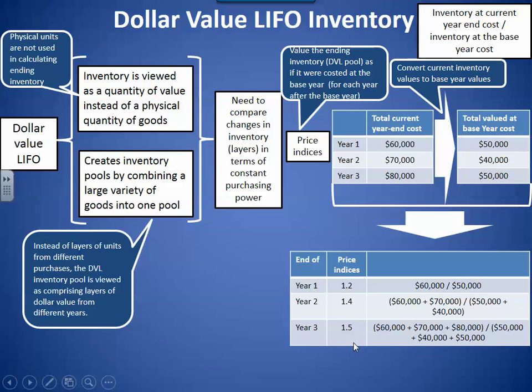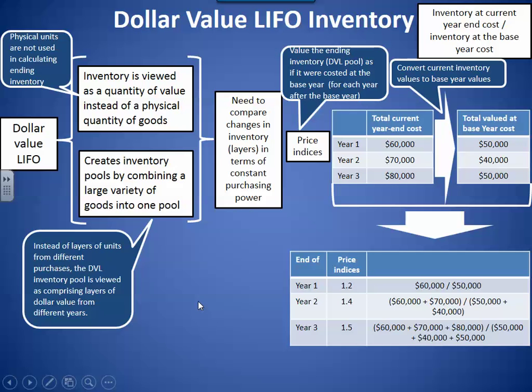Obviously, our base year, which we would probably call year 0 in this case, the price index would be 1.0. So now let's take a look at the process and how we actually go about converting the inventory. The reason I want to present this separately is sometimes you're going to get exam questions simply on price indices and how to compute them.